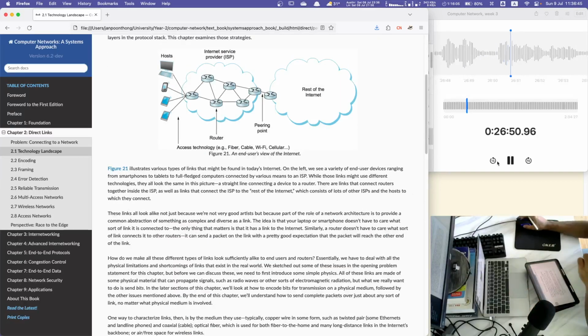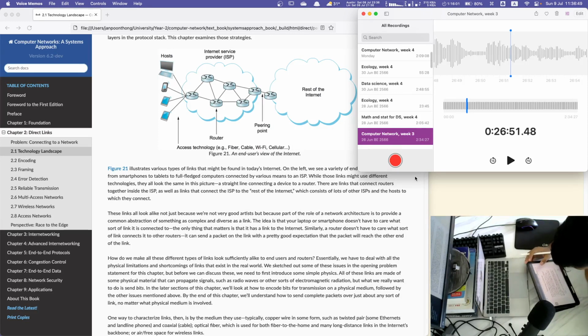Similarly, a router doesn't. The idea is that the laptop or smartphone doesn't have to care what link it is connected to.